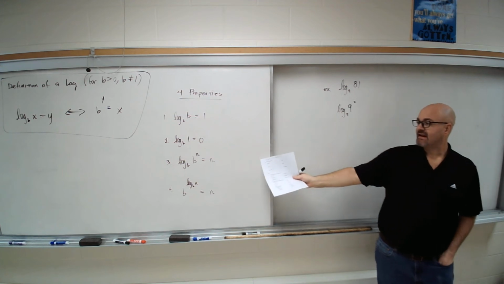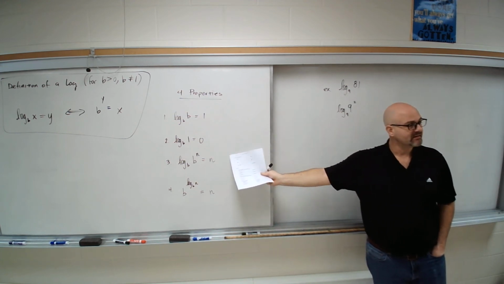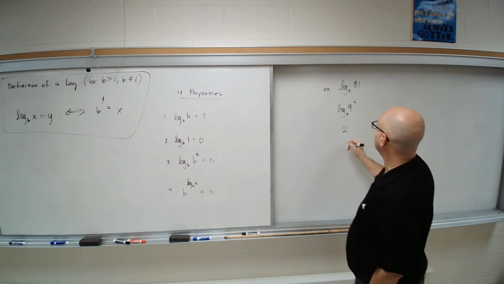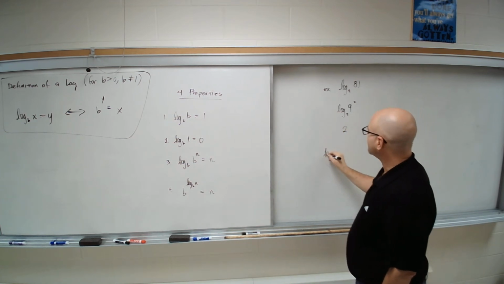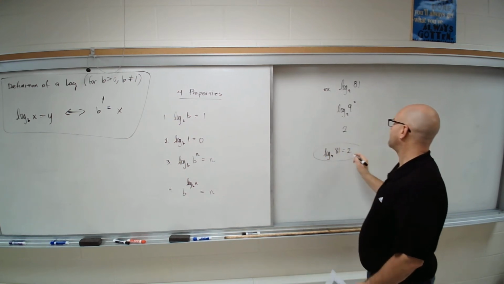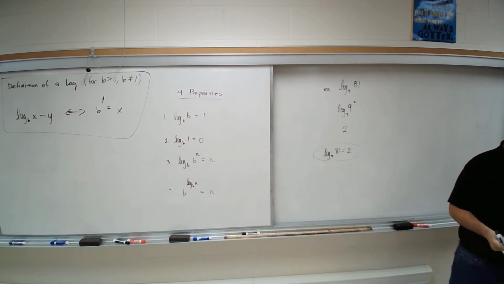And that's just an instance of this third property, isn't it? So since they match, this would equal 2. So you could write as your answer log base 9 of 81 equals 2. That's one way that we can evaluate them. Pretty straightforward one there. Let's look at some other ones that may or may not be as simple.